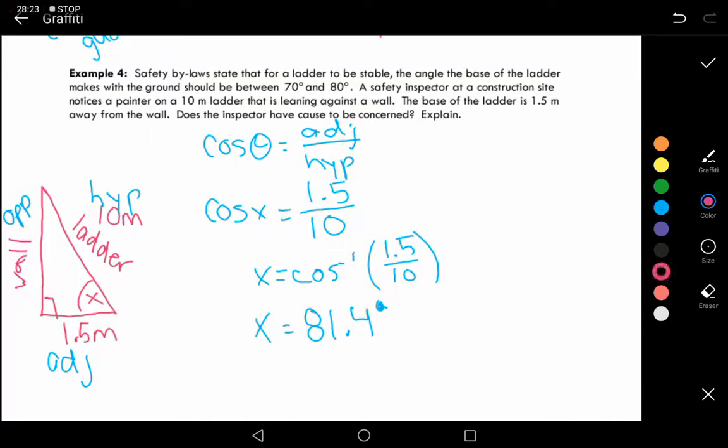So in our concluding sentence, we would say yes, the inspector should be concerned.